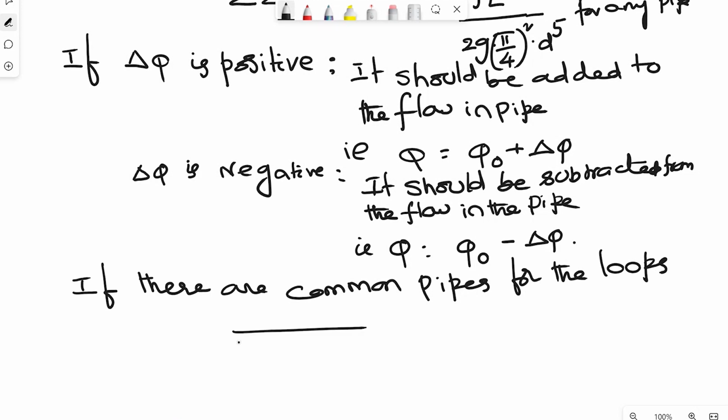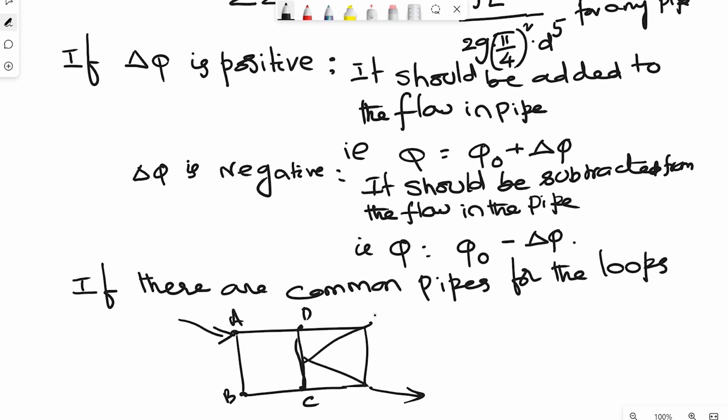For example, if I take this as the pipe, this is in, this is out. Suppose I take A, B, C, D, and after D, E, F, G. If I take it like this, then in such a case the first loop is ADBC.